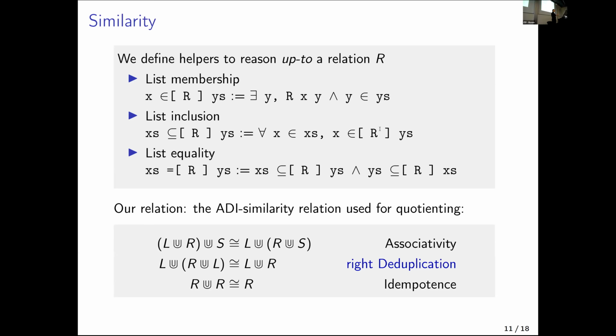But really, we instantiate this relation with one particular one, which is the ACI similarity. It's defined almost exactly like the one that I had before, except that instead of commutativity, we have this slightly different notion of right deduplication, because we would like to also extend this result to the setting where we don't have commutativity of union.